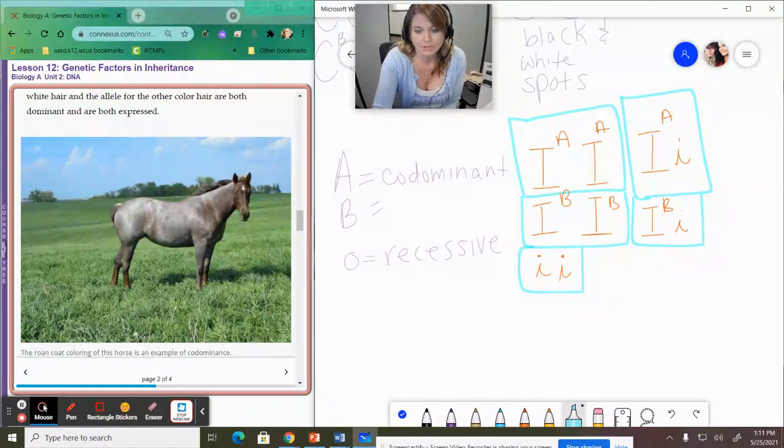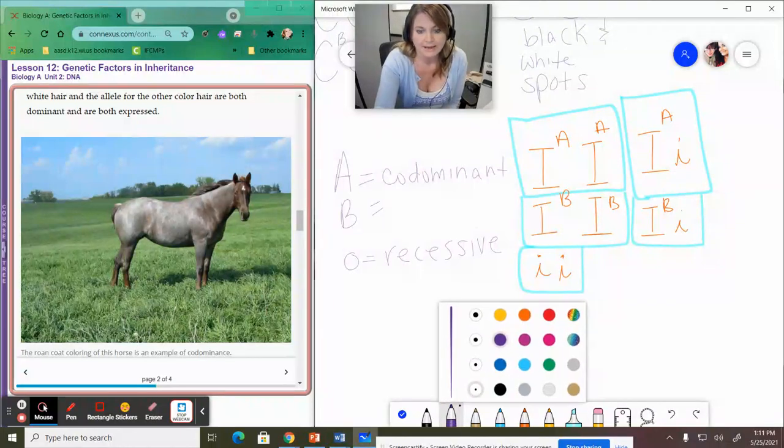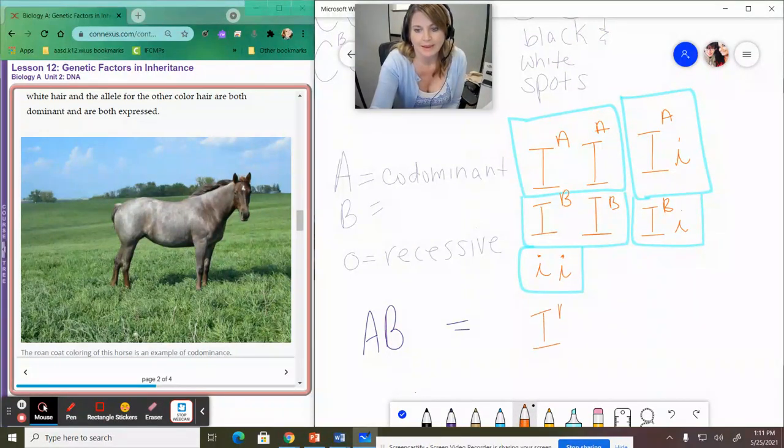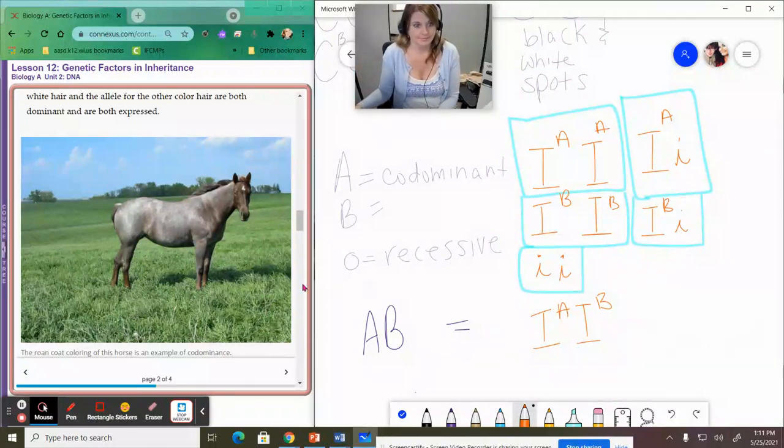And the other combination you can be is type AB. So if you're blood type AB, then what you would have is an A and a B. So you have two codominant alleles, one of each.